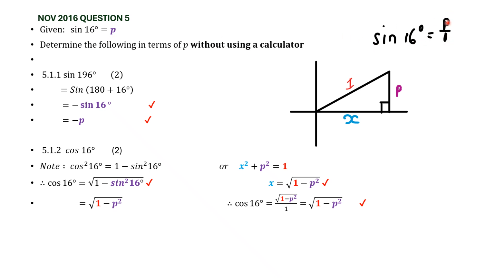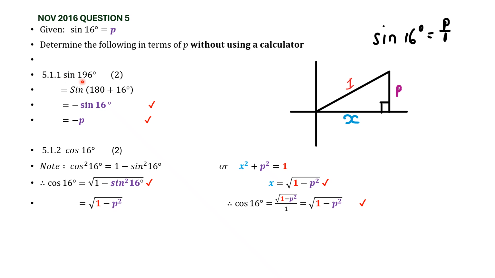Remember, anything divided by 1 stays the same. So technically we should remember that sine is Y over R. So my Y value here is P and my R value is 1. This drawing there, 16 degrees, is an acute angle, so it falls in the first quadrant, right? So we need to find X, but that there is just to show you how I can take this and write it in diagram form.